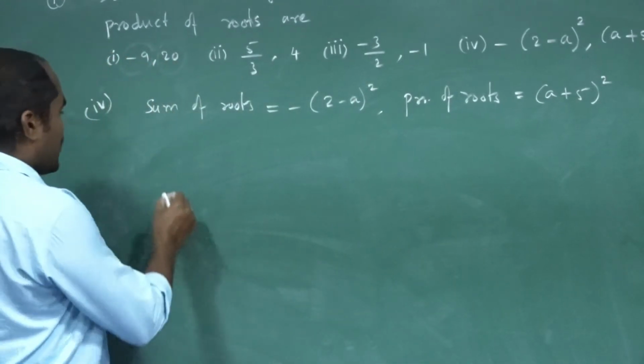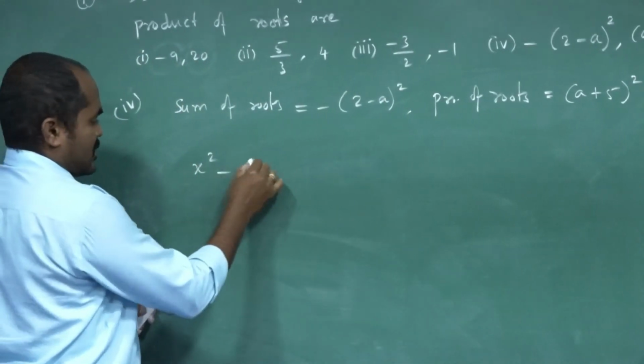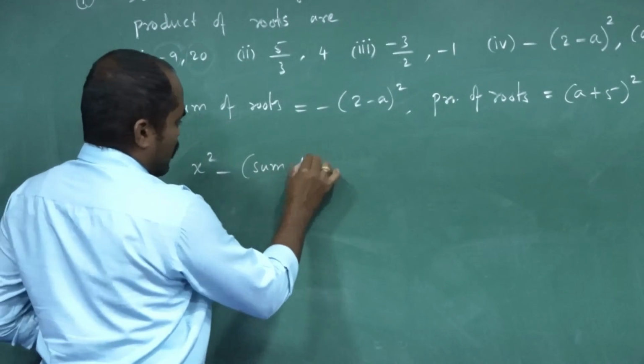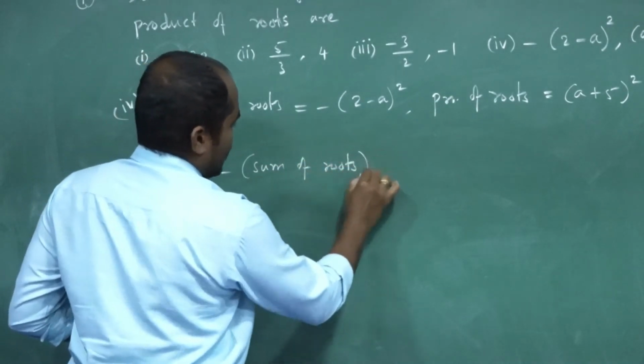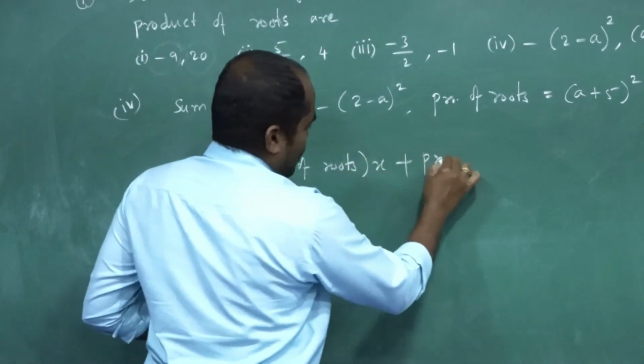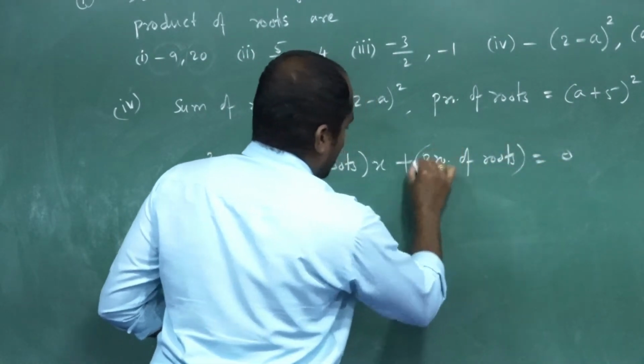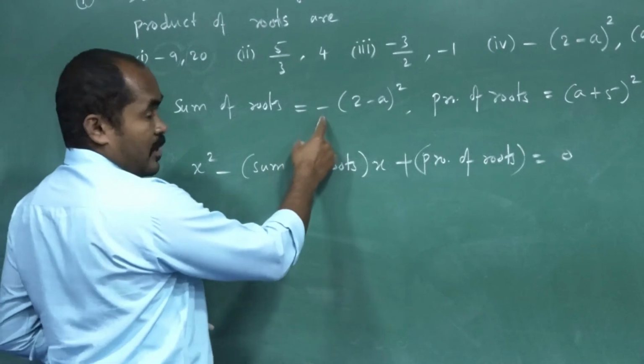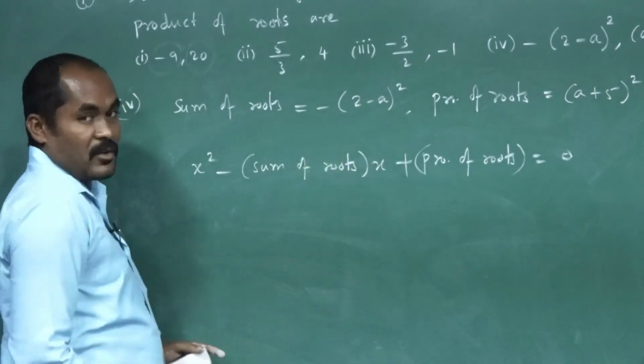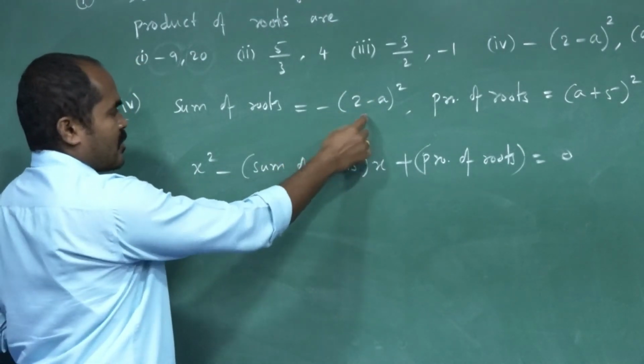So right here, the formula: x² − (sum of roots)x + (product of roots) = 0. So we know the sum of roots is −(2 − a)². This step is very important.